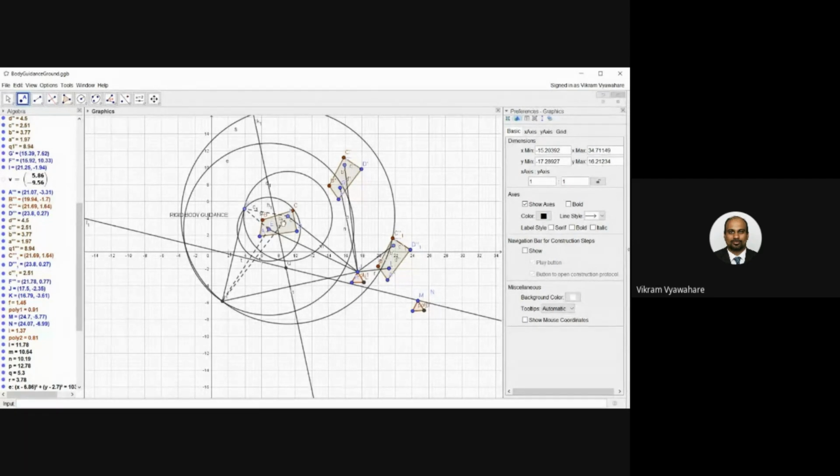So accordingly, you will get 2 points. So this point plus those 2 points, the 3 points, we will have to find the center of the circle which passes through those 3 points.